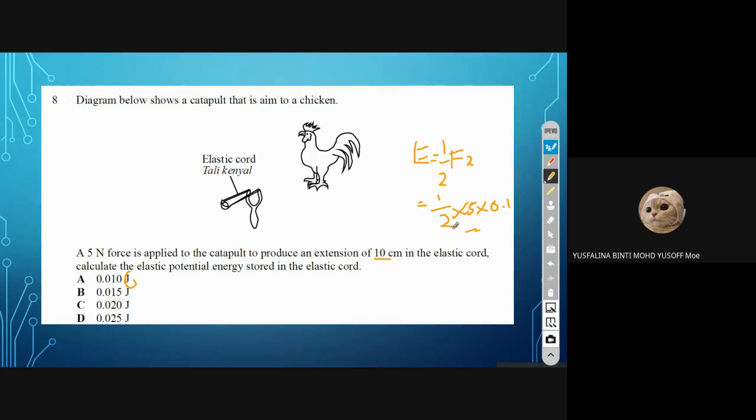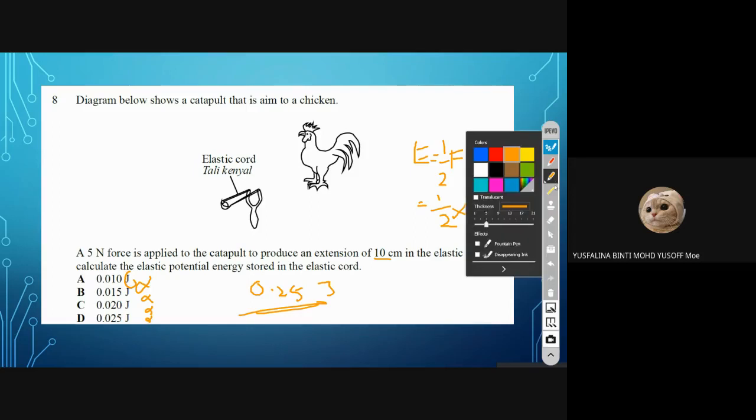I think for me, I got the answer is, wait, I got 0.25. But there's no answer here. 0.25 joule. So there's no answer here. So the answer is 0.25 joule. Okay, so let's move to another question.